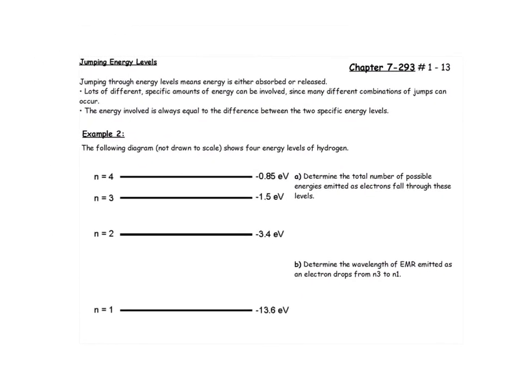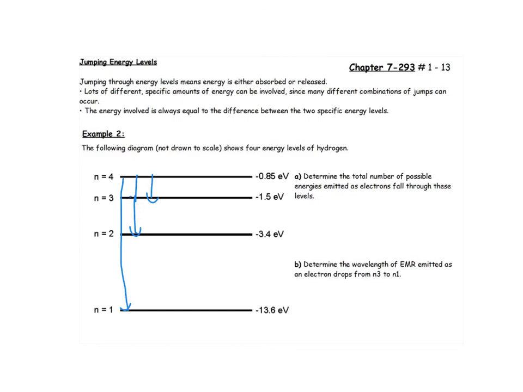Now we can look at this in a question context. So here we have an energy level diagram. If we have an electron, we can look at the specific frequencies we can get. We can have electrons fall from 4 to 1, or 4 to 3, 4 to 2. We can get 3 different energies of photons being produced there.